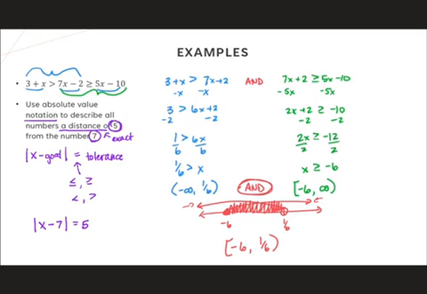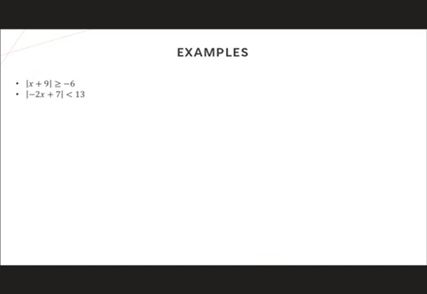And because they want notation, I don't have to solve it. That's it. That's your answer. They just want you to say, this is how I would do that in an equation. You do not solve it. There's nothing to solve. That is what you would type in as your final answer.